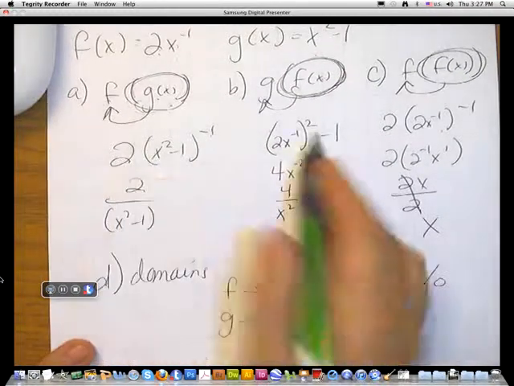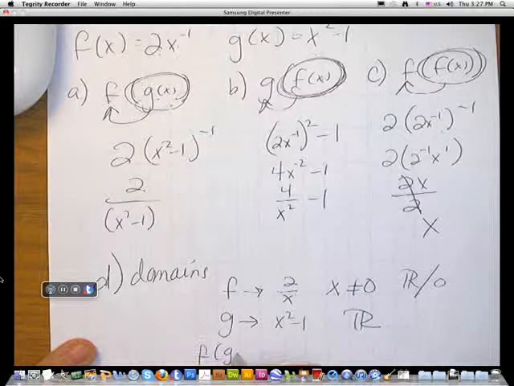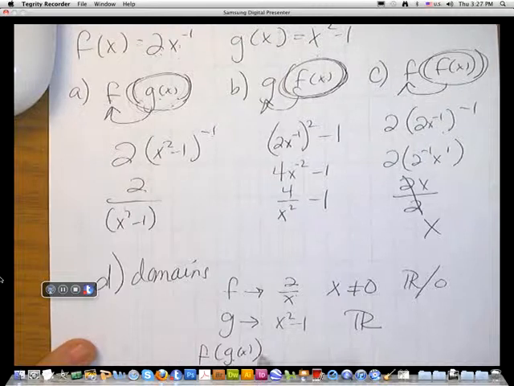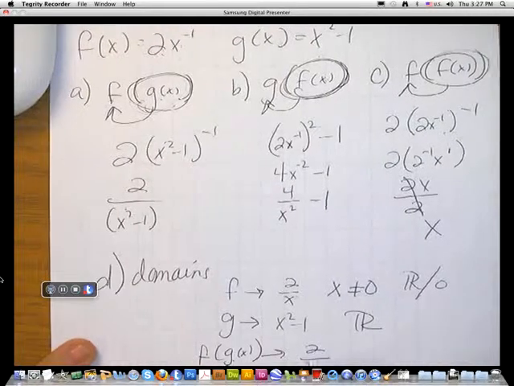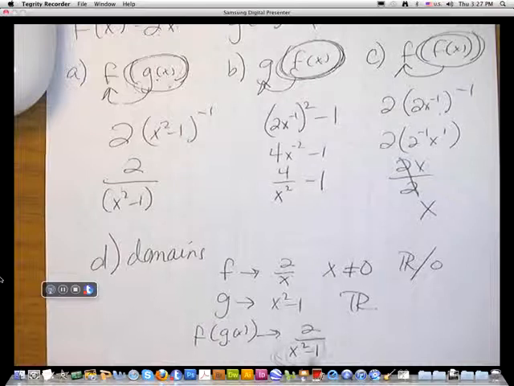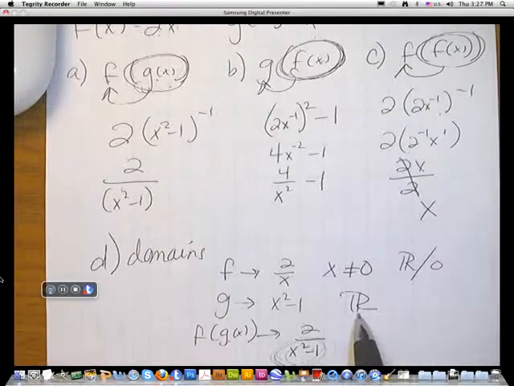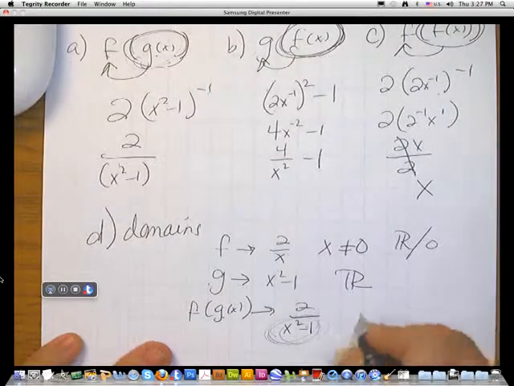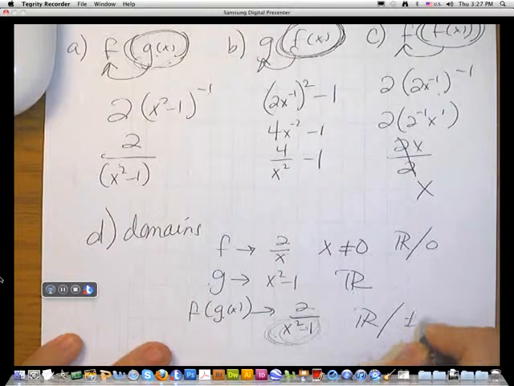So now if I look at these composites and I do f of g, f of g, so that was 2 over x squared minus 1. I can't have 0 here, and g said I could be everything. So the reality is I can't be everything. I can be everything except plus and minus 1.